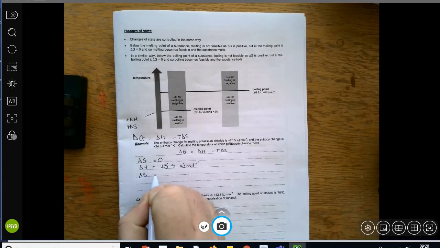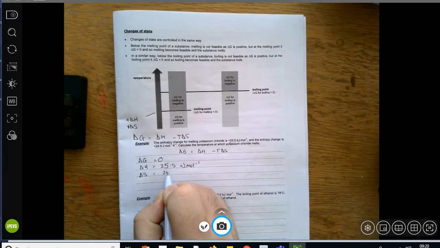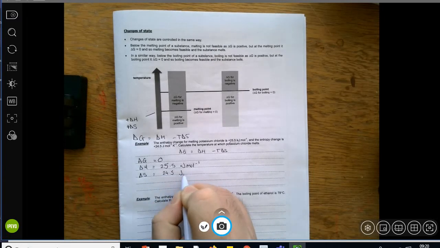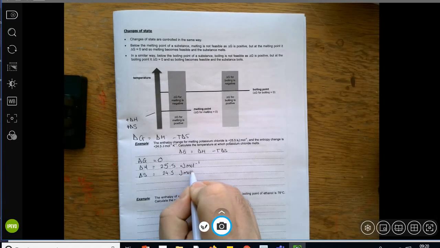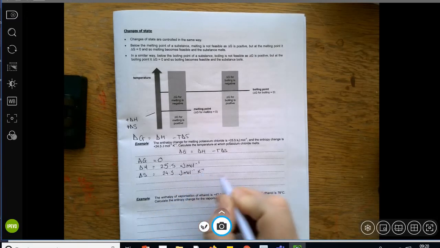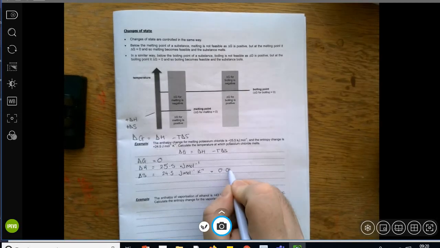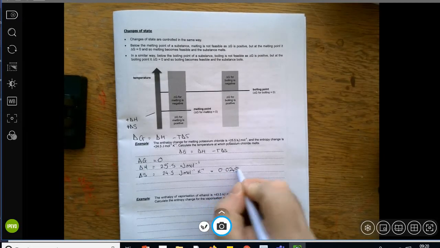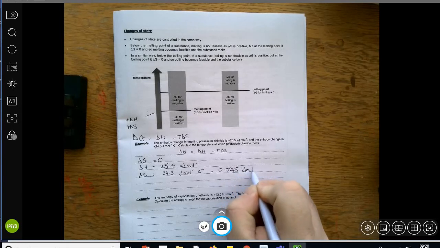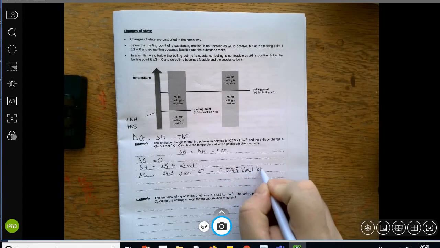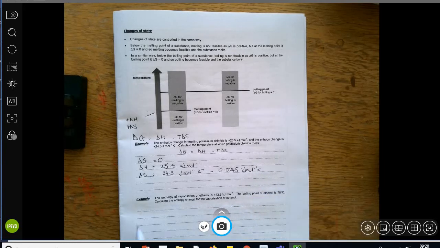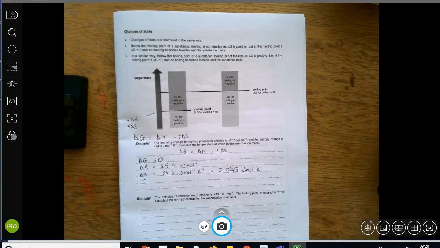Delta S is equal to 24.5 joules per mole per Kelvin. I'm now going to convert that to kilojoules per mole per Kelvin, and T is the thing that we need to work out.